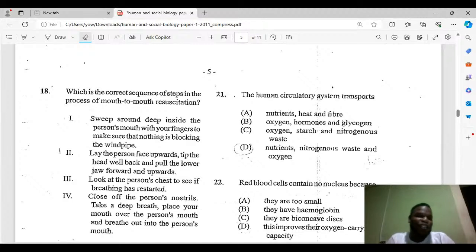You look at the person's chest to see if breathing has started. So the sequence would be I, III, IV, II.